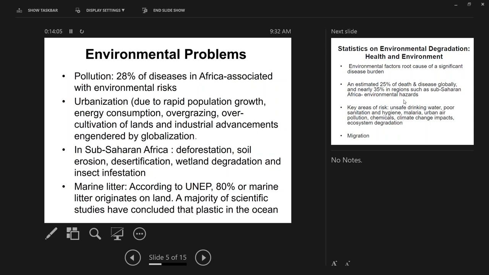And one of the environmental challenges there is also the mismanagement of waste. We have 300 tons of solid waste that are generated on a daily basis.